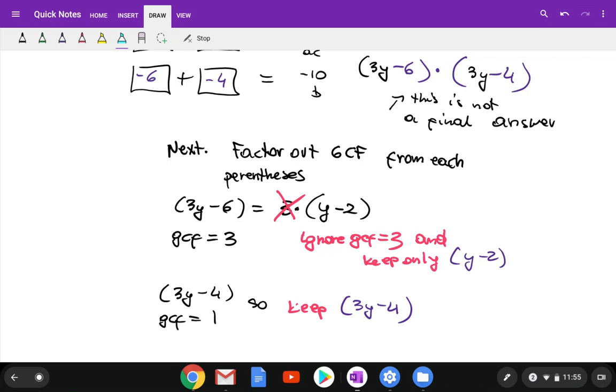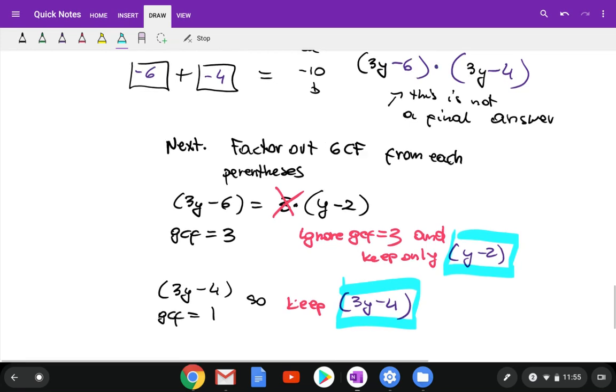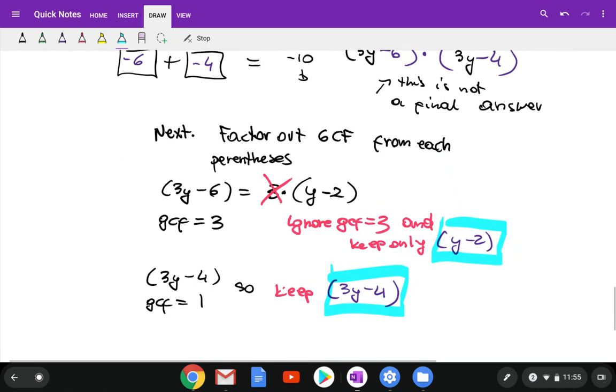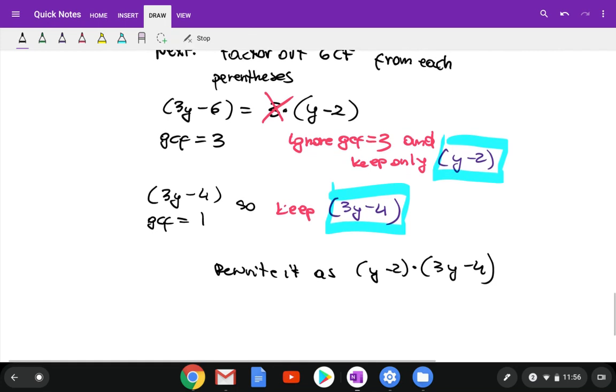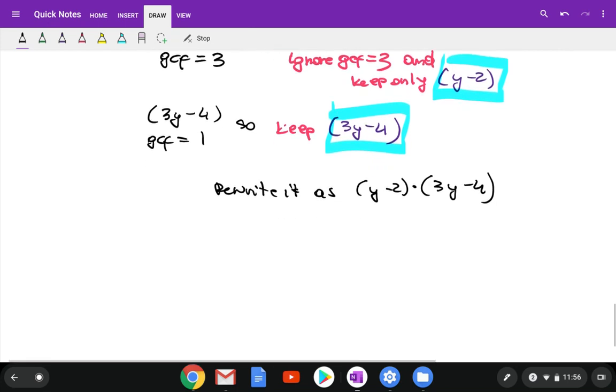Okay. Next, we're going to rewrite that with our final factors. So we're going to rewrite it as y minus 2 times 3y minus 4. Okay, and the last one.